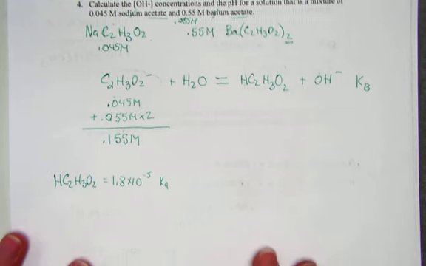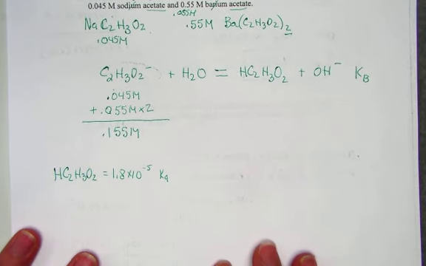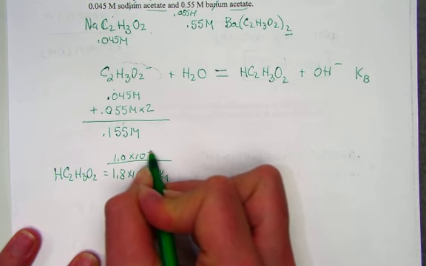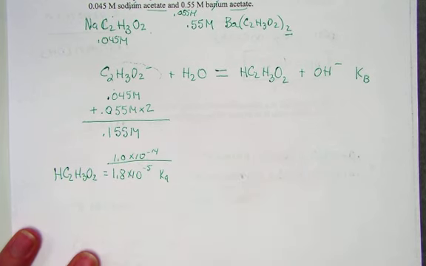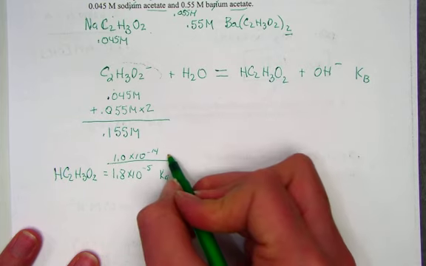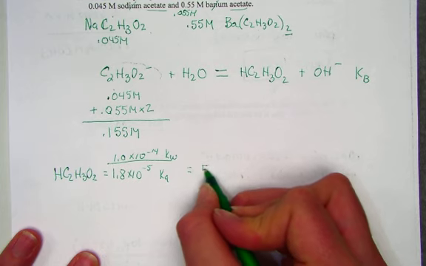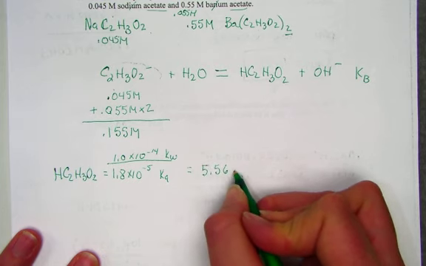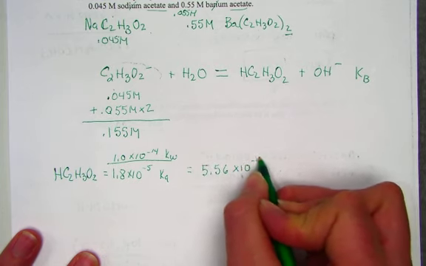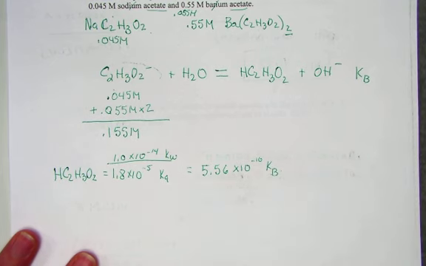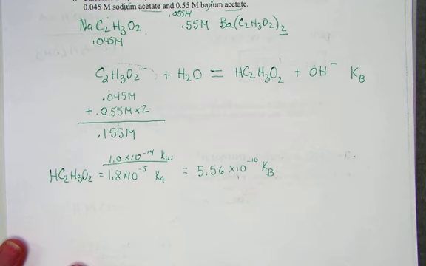We can easily convert a Ka into a Kb knowing the ion product constant for water, which we know to be 1 times 10 to the negative 14th. Kw divided by Ka gives us the value of Kb, and when I hit that, I found 5.56 times 10 to the negative 10th, our Kb expression for the hydrolysis of our acetate ion.